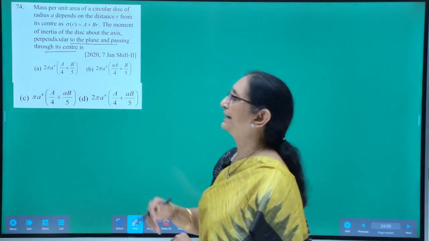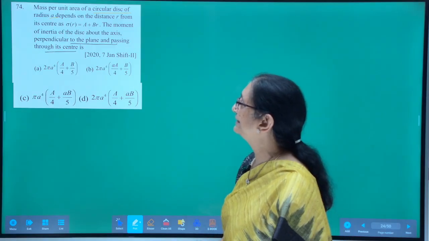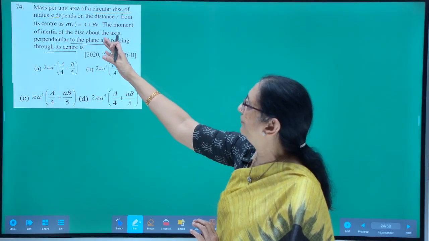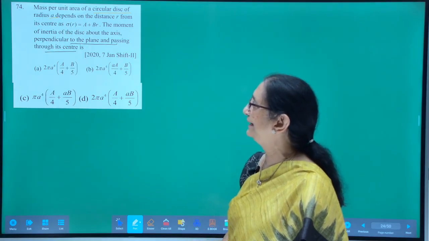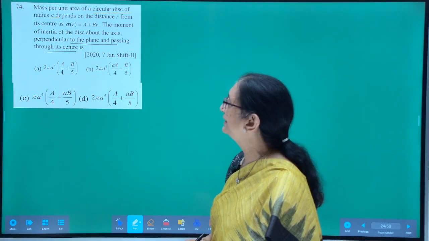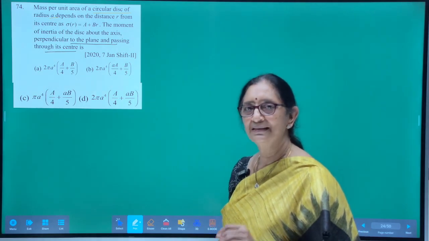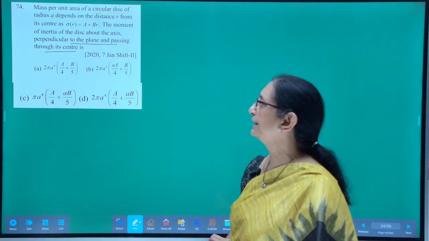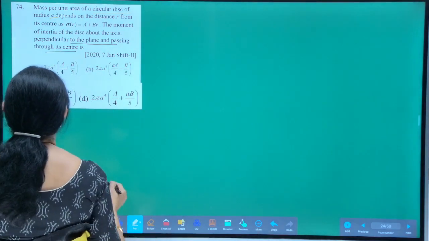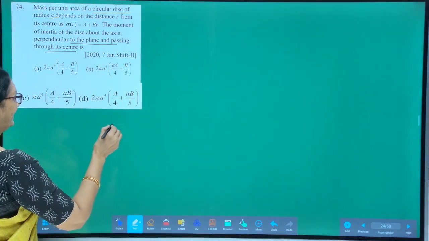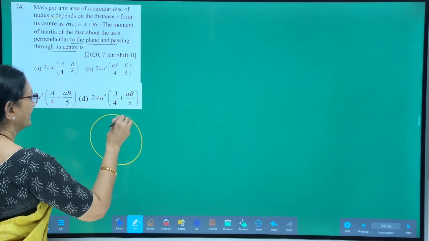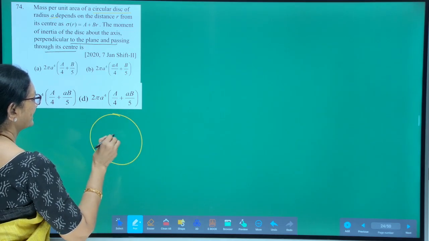Mass per unit area of a circular disc varies with the distance as per the equation. Find the moment of inertia of the disc about an axis passing through the center perpendicular to the plane, that is the natural axis. Let us consider this as a circular disc. This is the center.